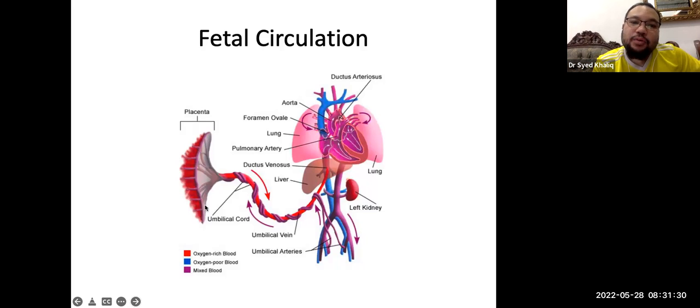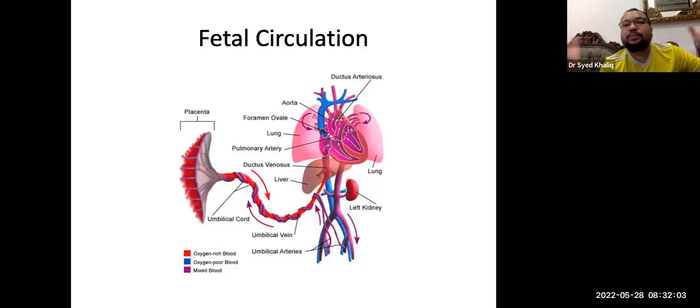Ultra low pressure in the placenta, high pressure in the lungs. So this is normal circulation. And we need the umbilical arteries that supply deoxygenated blood from the baby into the placenta to get oxygen again. And the umbilical vein is the one that carries oxygenated blood from the placenta into the baby via the ductus venosus. Okay, this is the normal circulation.